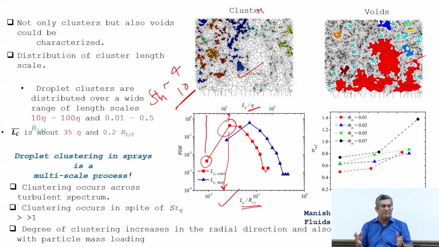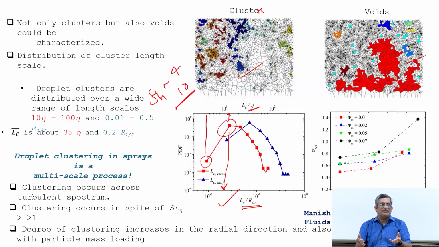Are you getting it? So, the size of the ED for which the Stokes number will be around 1 will be larger than the Kolmogorov scale, because the time scale of those EDs will be larger than the Kolmogorov time scale. So, that is the reason why we see clustering is happening, say, somewhere here.